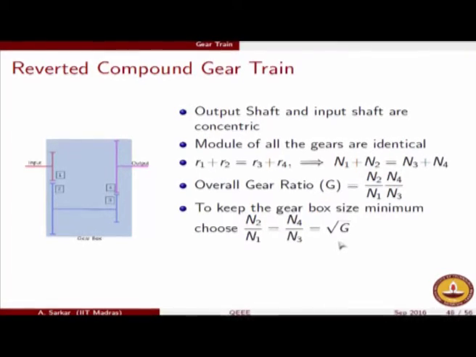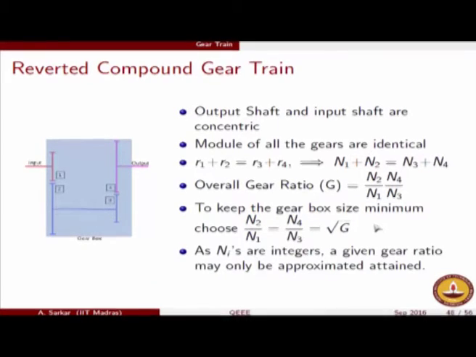This is the condition that usually a gear designer or a transmission designer will satisfy. He or she will impose this condition that the gear ratio between 2 and 1 should be the same as the gear ratio between 4 and 3, which gives the condition that the individual gear ratios must be the square root of the overall gear ratio.